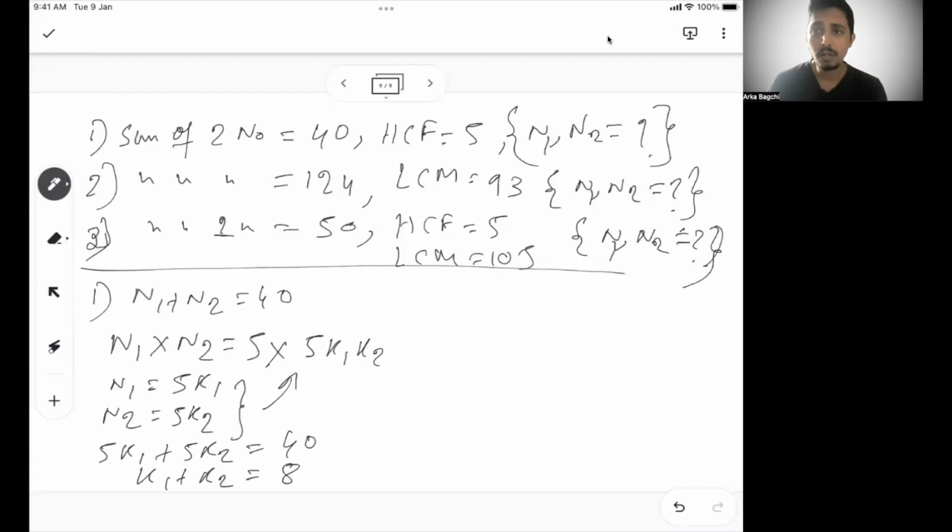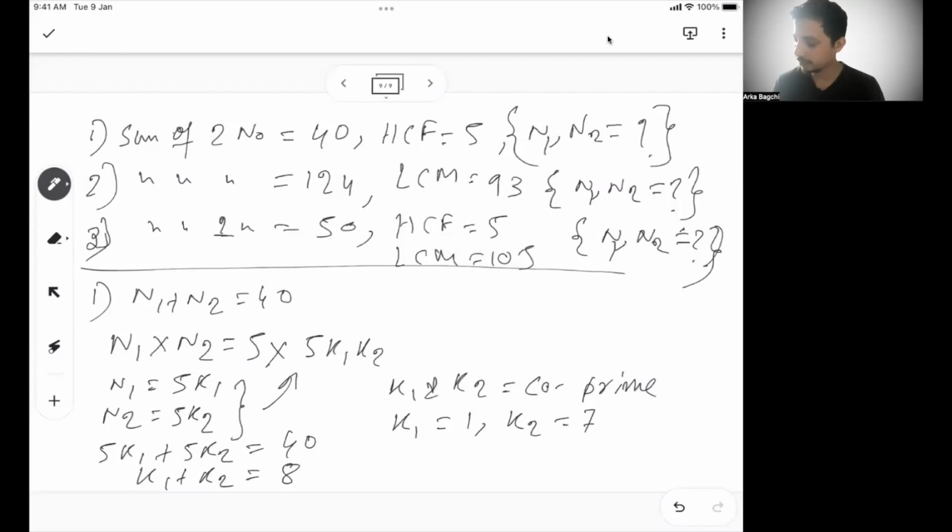Because I know K1, K2 have to be co-prime. So K1 can take 1 and K2 can take 7.